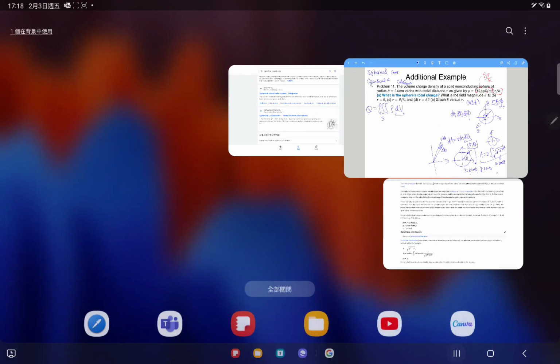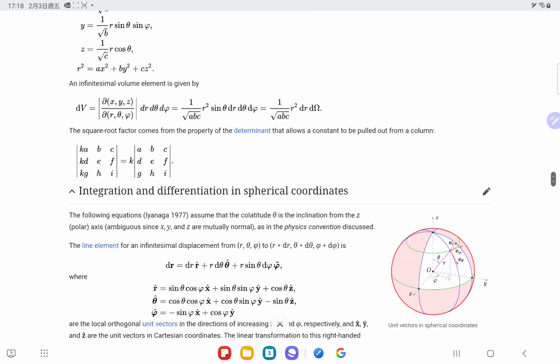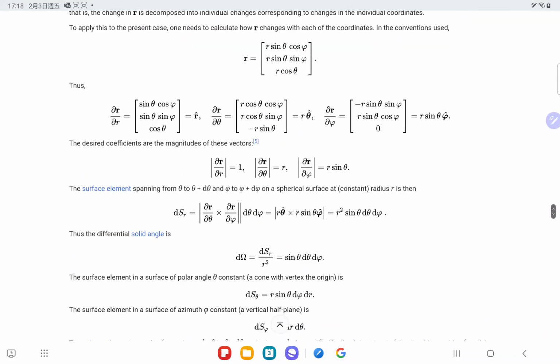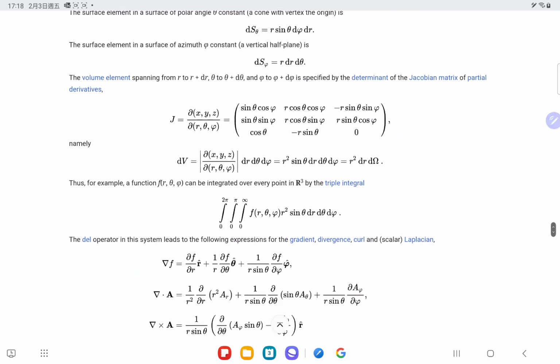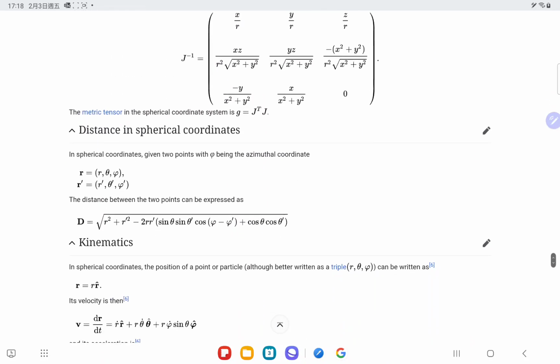So for spherical coordinates, I'm not really sure whether we have the Jacobian here. Yes, we have the Jacobian.